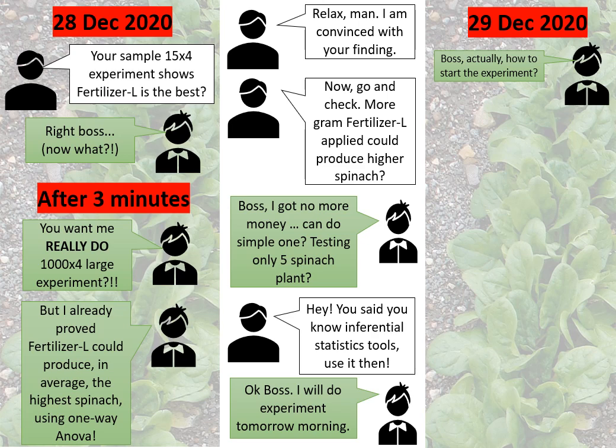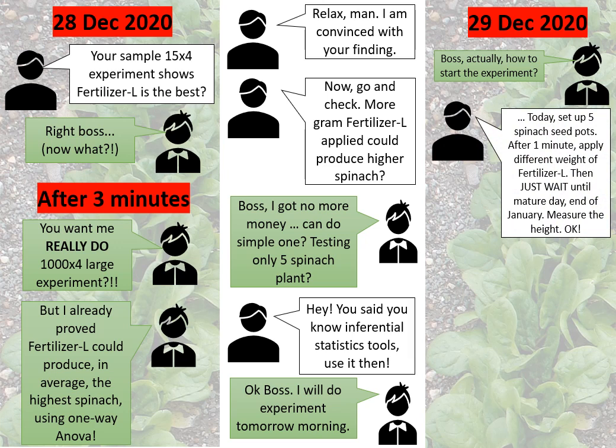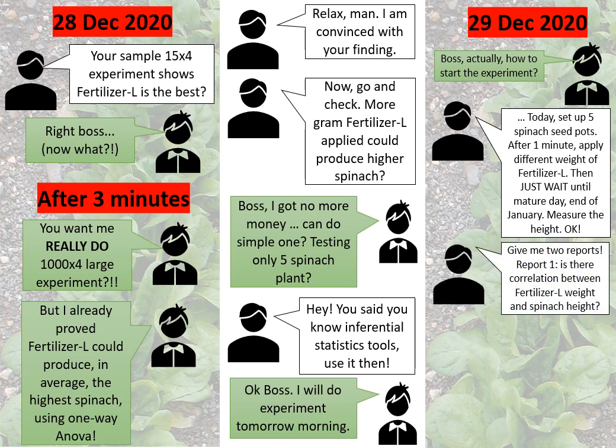Boss, actually, how to start the experiment? Today, you go and set up 5 spinach seed pots. After 1 minute, you apply a different weight of fertilizer L. Then you just wait until mature day, that is end of January. Measure the height, okay?